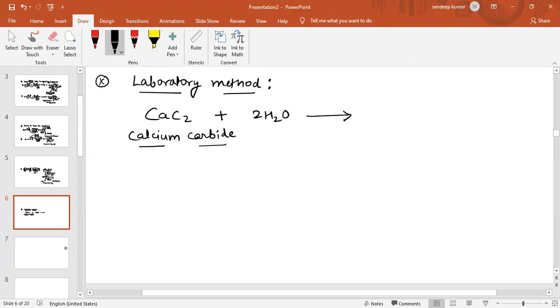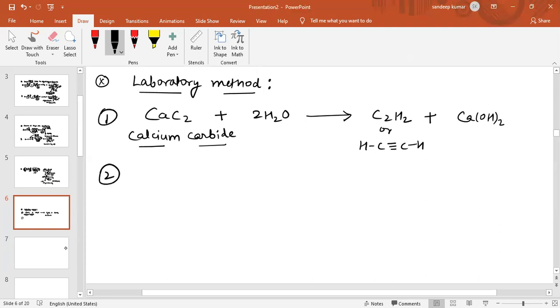When calcium carbide reacts with water, it forms ethyne as one of its products. Ethyne has the structural formula HC≡CH, and the side product obtained is calcium hydroxide. So this is the first method, first reaction.